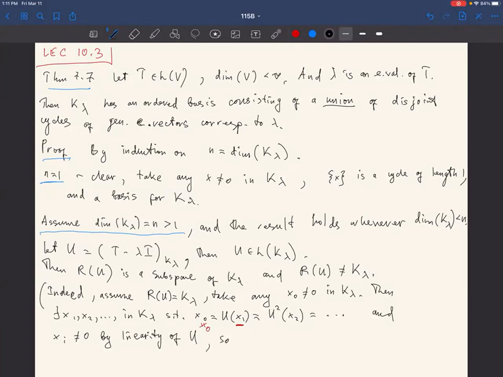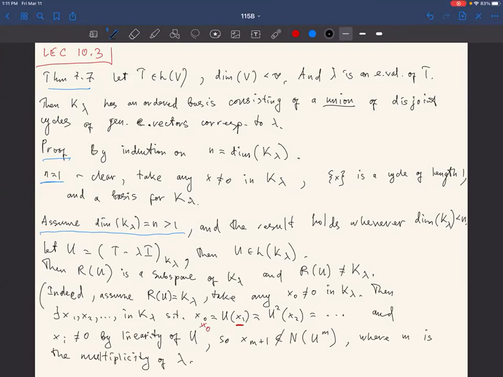But this means that x(m+1) is in particular not in the null space of u to the power m, where m is the multiplicity of lambda. Because we can find xi like this for any i.